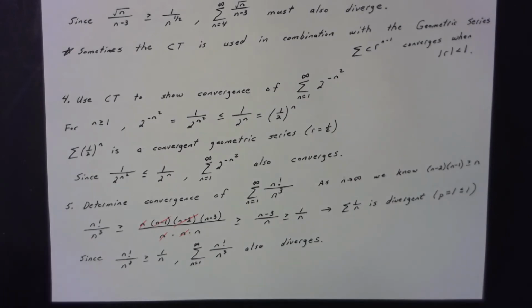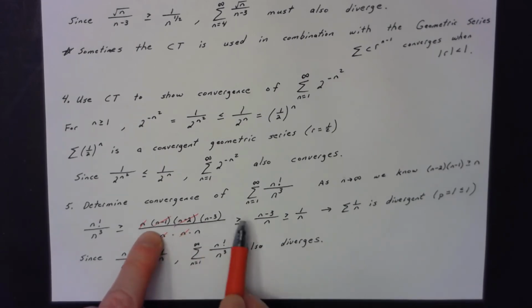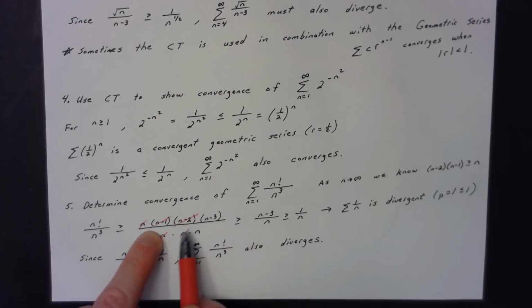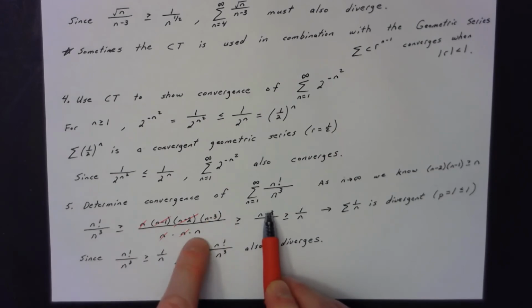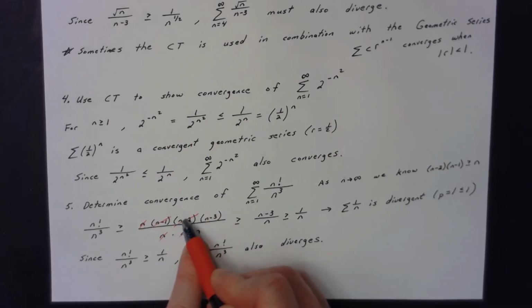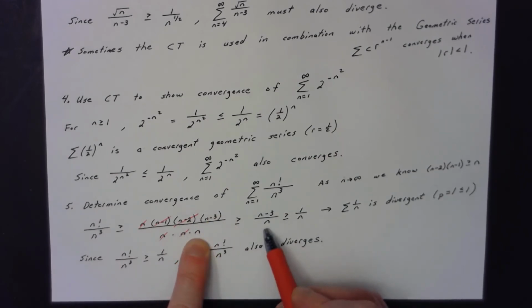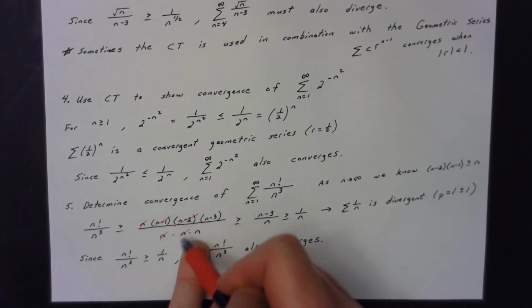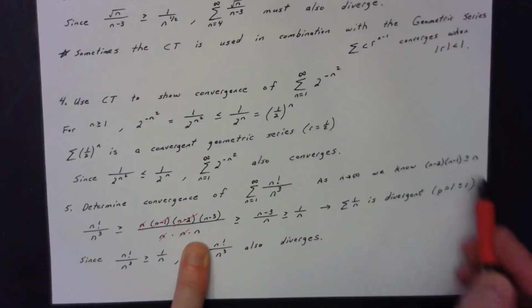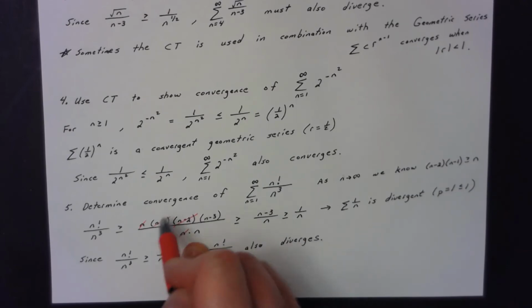Of course, it doesn't completely factor out. That's why I'm saying that what I had is greater than what I have left over, the n minus 3 over n. This was greater than the factor of n I canceled out, so I know this fraction is greater than this fraction.